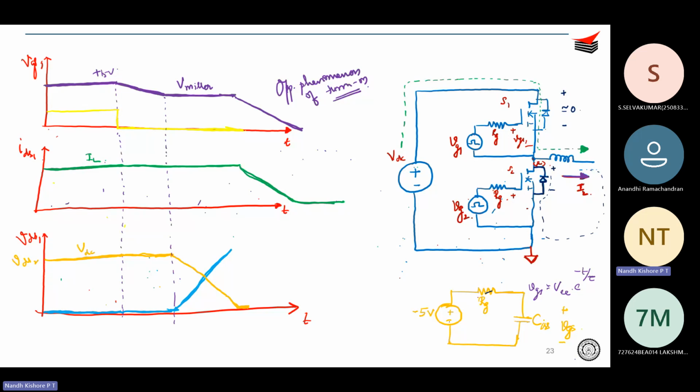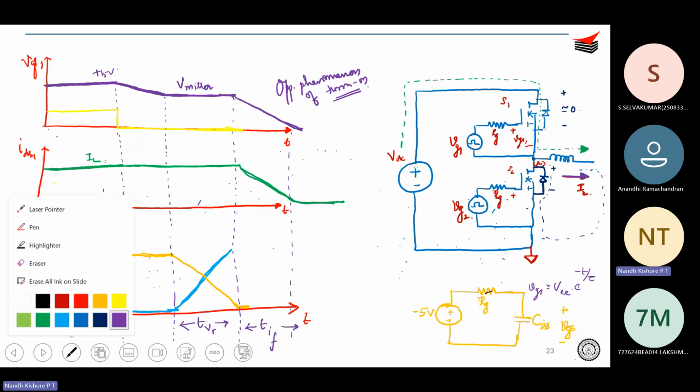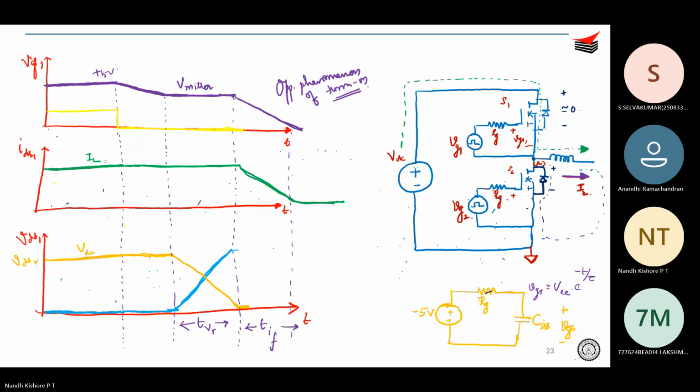First you will see that there is voltage rise and then only you will see current falling through the device. We were seeing that there is current rise time, voltage fall time. Here it is opposite. Here first there will be voltage rise time during turn off and then there will be current fall time. Do you understand this till this point?